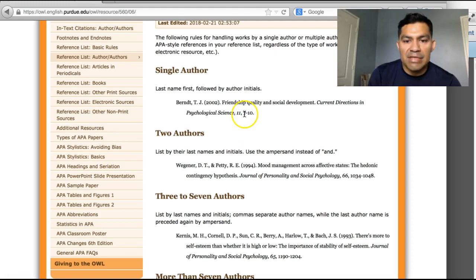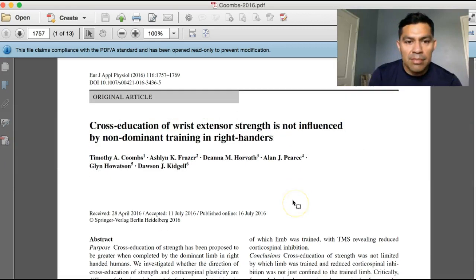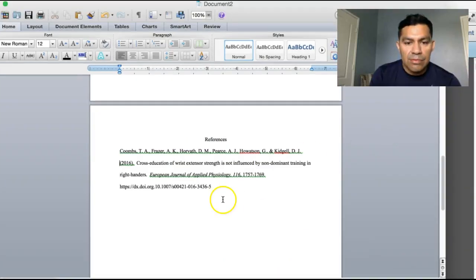And then the page numbers are not italicized. You have to put just the beginning to the end of the pages used. So for example, here, it tells me right here that it was pages 1757 through 1769. So when I reference it, that's what I'm going to do.